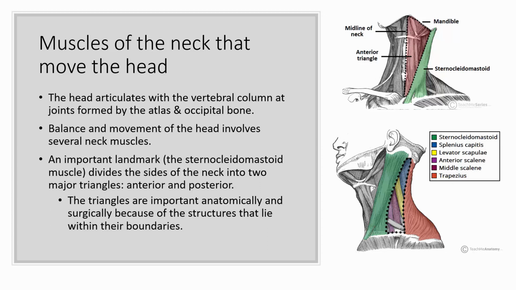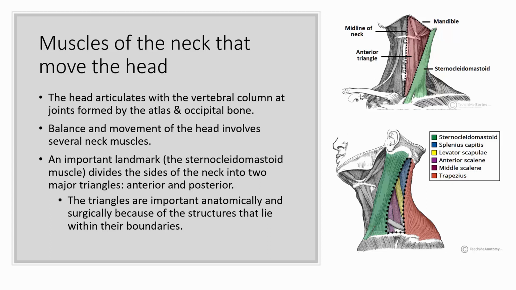An important landmark, the sternocleidomastoid muscle, divides the sides of the neck into two major triangles, the anterior triangle and the posterior triangle. These triangles are very important anatomically and surgically because of the structures that lie within their boundaries.